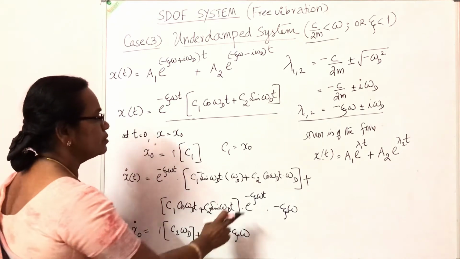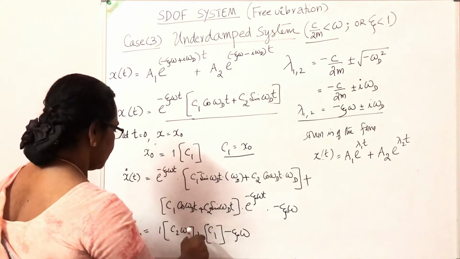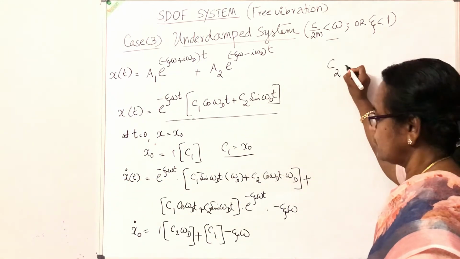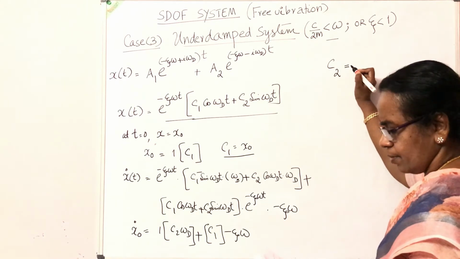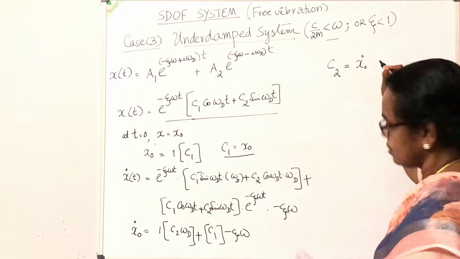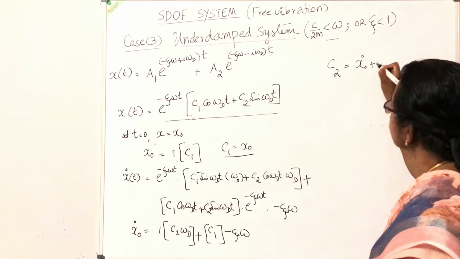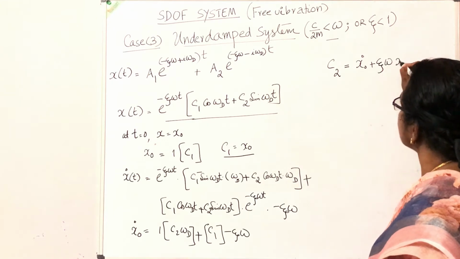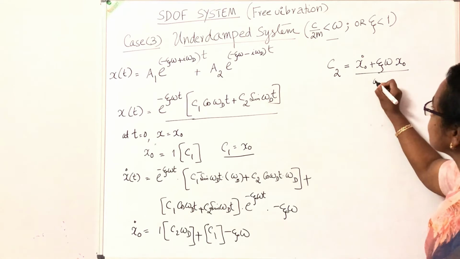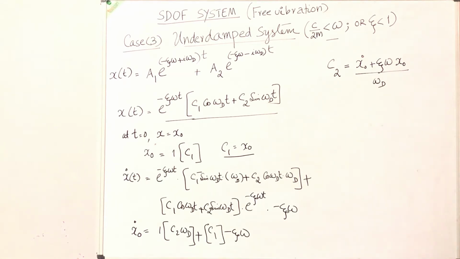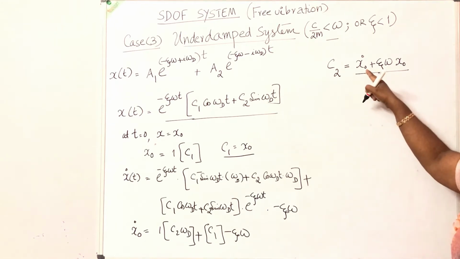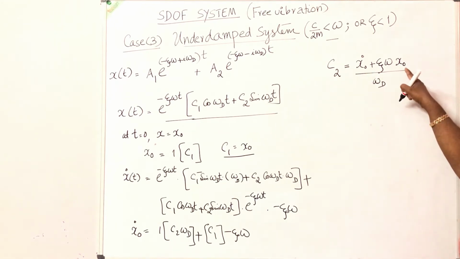But c1 we know is x0. Substituting here we get c2 is equal to (x0 dash plus ξω x0) divided by ωd.